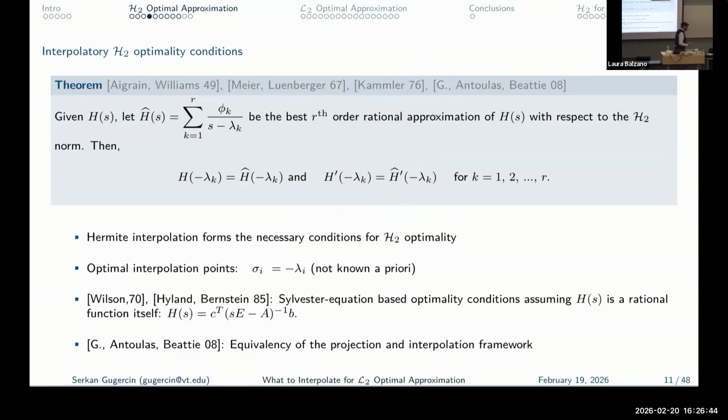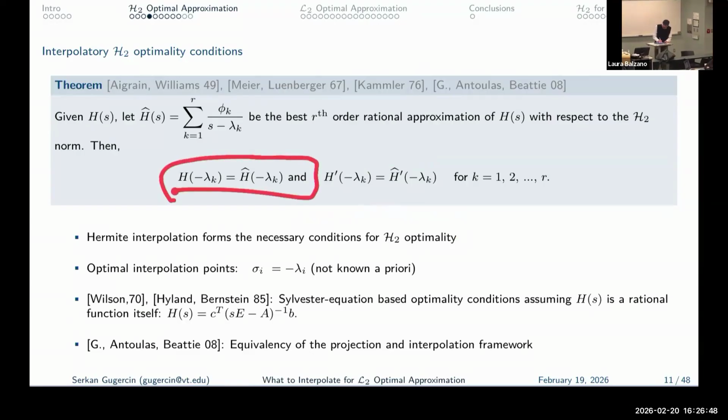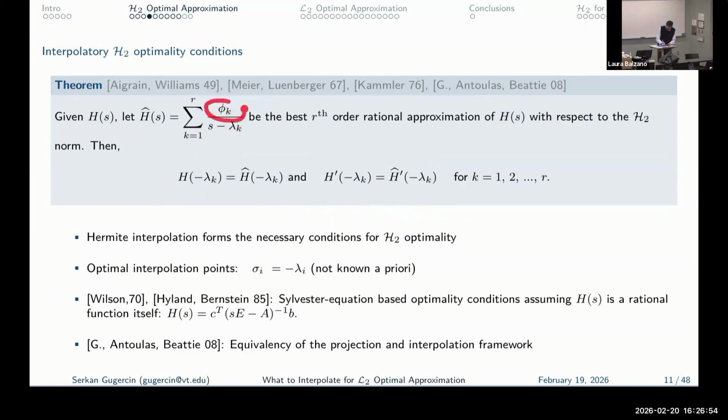But what happens is that you have R conditions now, but you have two R variables. And then you can use the remaining degrees of freedom to do something else. Maybe you want to preserve structure, maybe you want to ensure the poles are positive or something like this. There are people who are using this. You can drop it, but the moment you drop it, you have more degrees of freedom, and you can try to do something else with them.